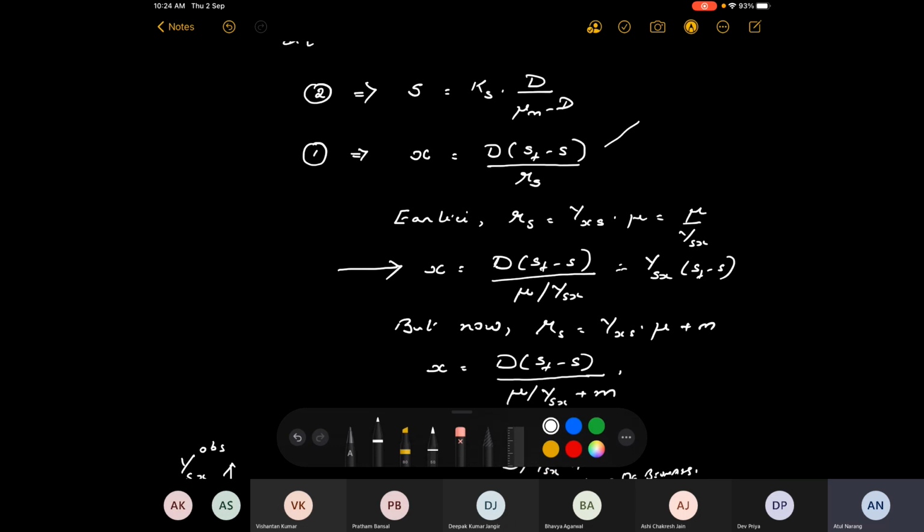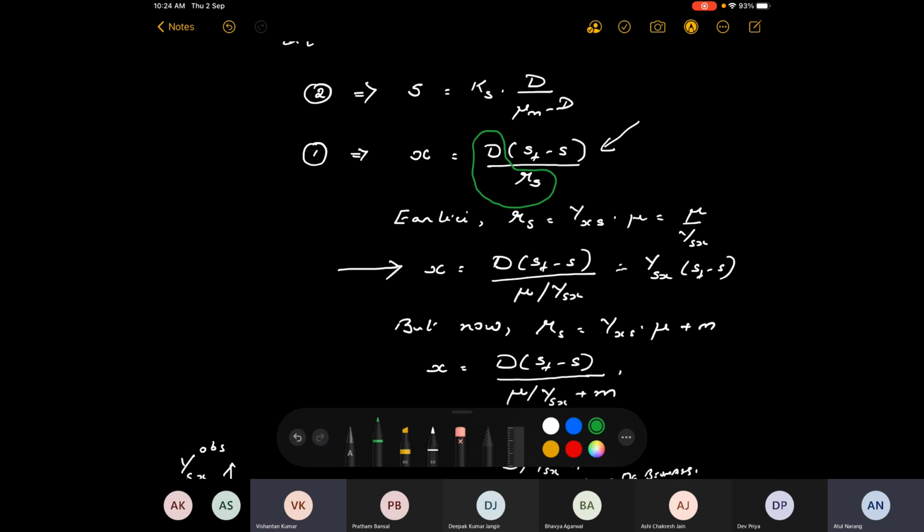This equation is clear to you, right? This comes straight out of the mass balance. Is that part clear to you? Yes, sir. Now take a look at this part, and you can see that what I have called Y(SX) observed is nothing but D divided by rS.